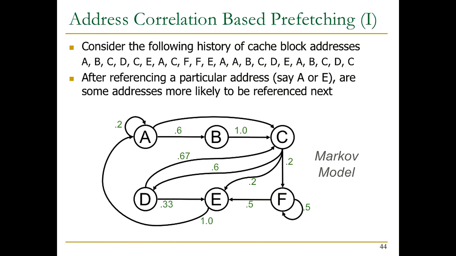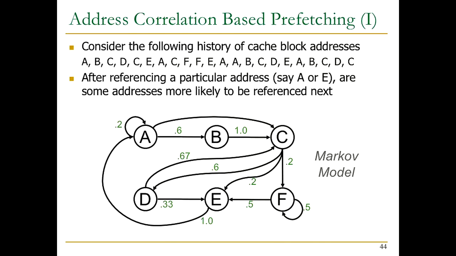So after you see A with 60% probability, assuming you have this access pattern, you're going to see B. After you see B with 100% probability, you're going to access C. And after you see C, you have these 3 arcs going out to D, E, F with different probabilities, right? Now, if you have this information, you can design a prefetcher that can exploit this information, right? Actually, if you have a linked list, A, B, C, D, E, F, you're always going through A, B, C, D, E, F. What you have is really a Markov decision process where the arcs are 100% probability, right?